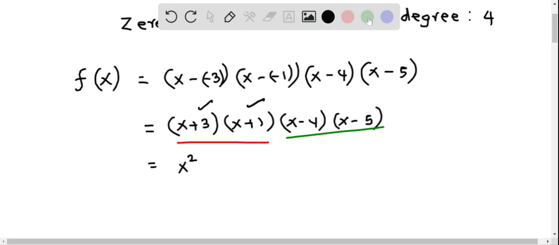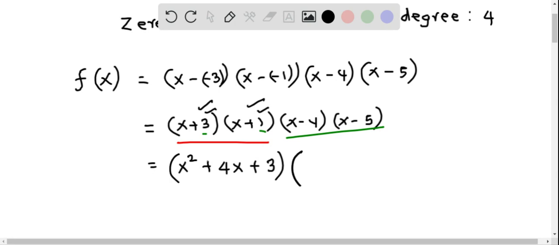And then we add these two numbers, 3 and 1, and when we add it, we get 3 plus 1, which equals 4. So we write down this as 4x. And then we multiply these two numbers, 3 and 1. The product of these two numbers is 3. So this is what we will get. We can also FOIL this, and even when we FOIL this, we'll get this expression.